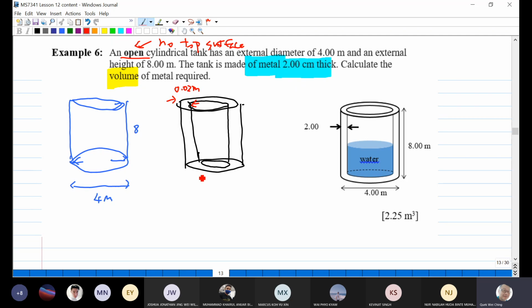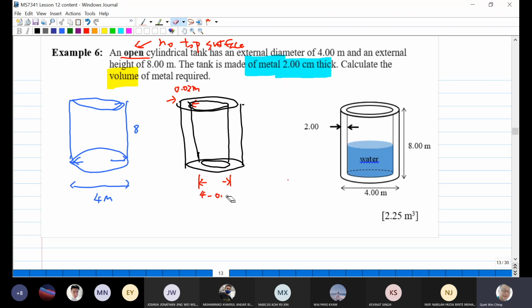This is the diameter in this case. Initially it is 4, now it is 4 minus 0.04, right?